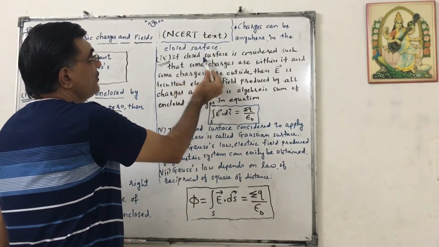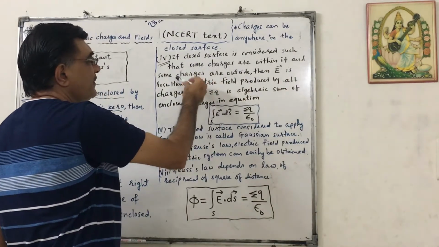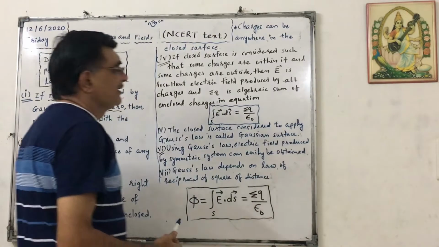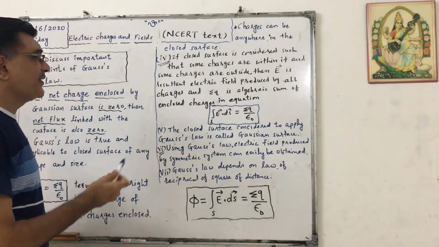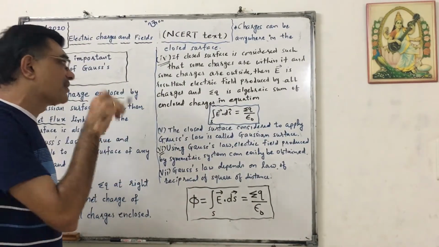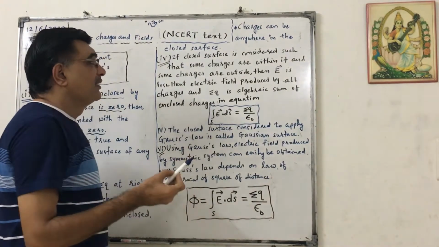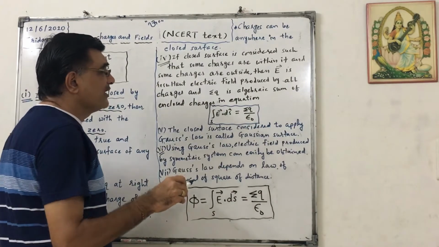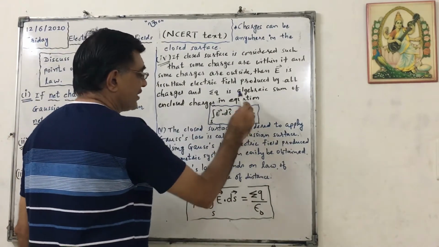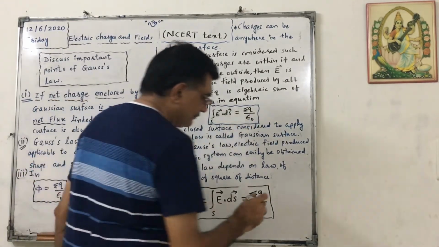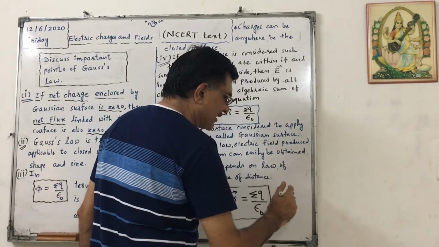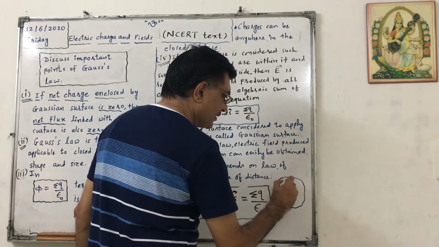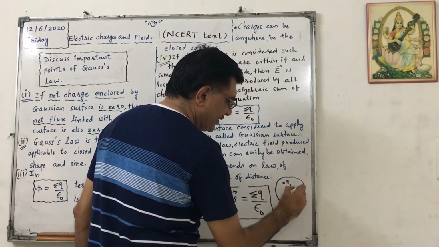Next, if a closed surface is considered such that some charges are within it and some charges are outside, then vector E is the resultant electric field produced by all charges, and sigma q is the algebraic sum of enclosed charges. Let me explain. This is the Gaussian surface.